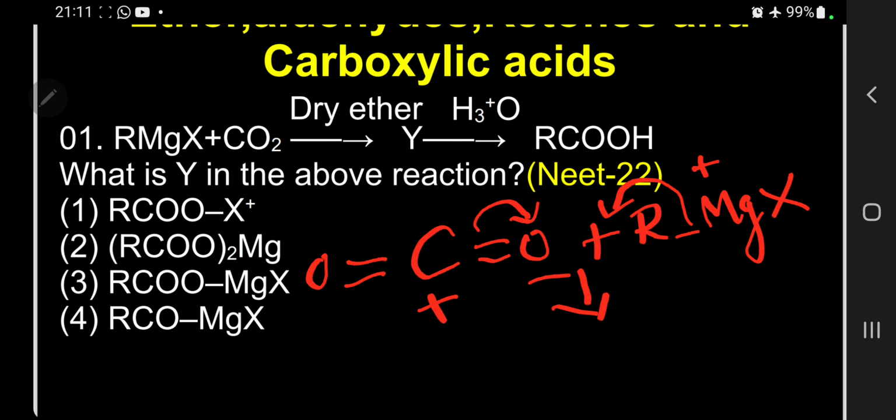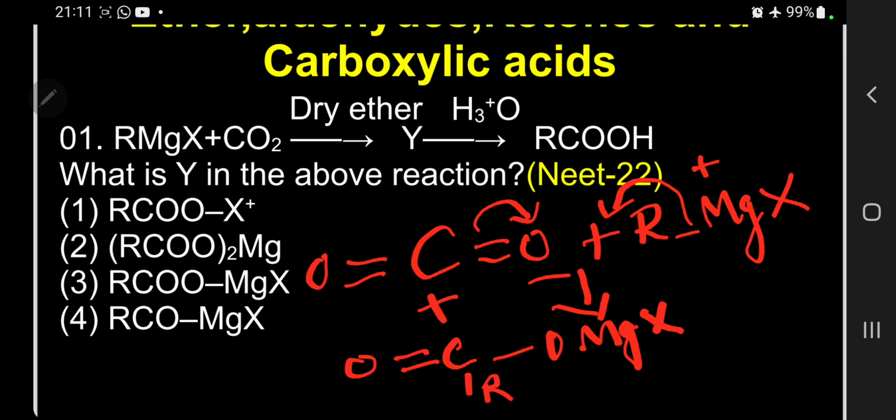So the problem is very, very simple. That is O double bond C double bond O. Then here O minus, so automatically OMgX. Then the other is R minus, it comes here, R. So I can write easily, RCOOMgX. So, this is the answer.